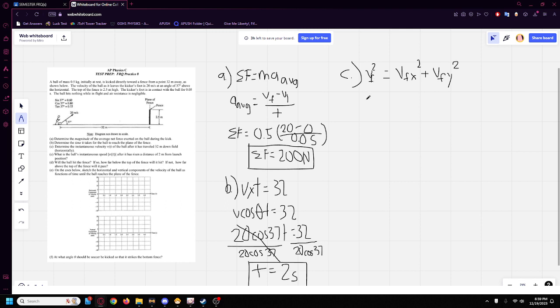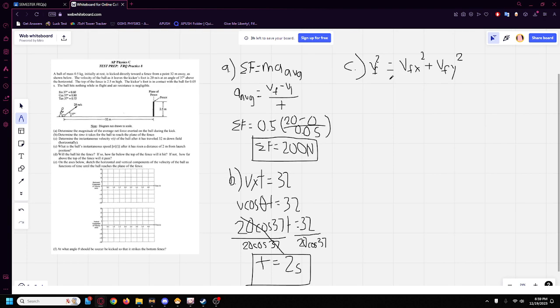Okay, so vfx is equal to vix because there's no horizontal acceleration acting upon the ball.